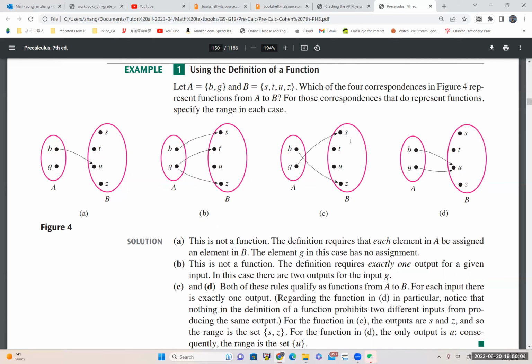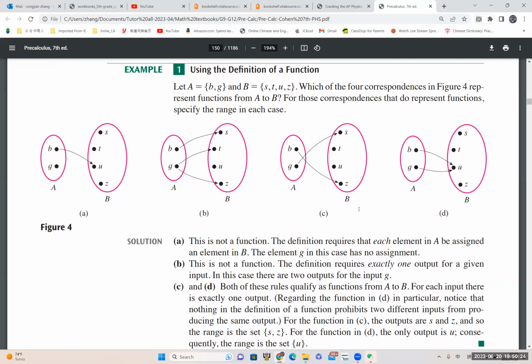Oh, okay. Here they didn't say S, T, U, Z means the range, right? They didn't say this. They need us to specify the range. Then I suppose this is still not the range. Otherwise, we don't need to specify, right? Okay, yeah.